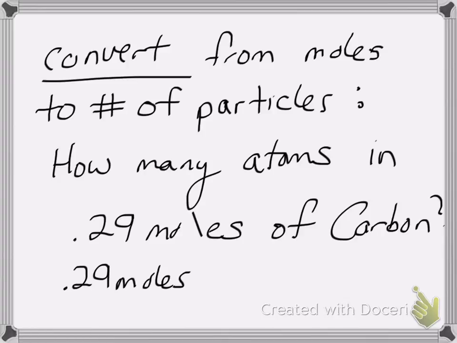Forgetting, times line. It's not even coming back to you right now, is it? It's like, oh my God. Anyway, so 0.29 moles. And if we were going to be super thorough with our work, we would say 0.29 moles of C and then the times line.